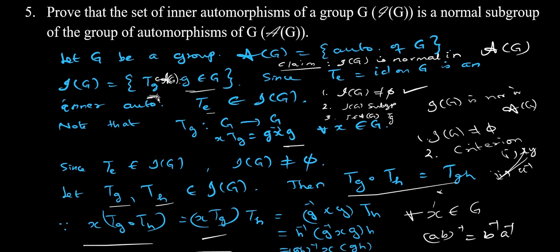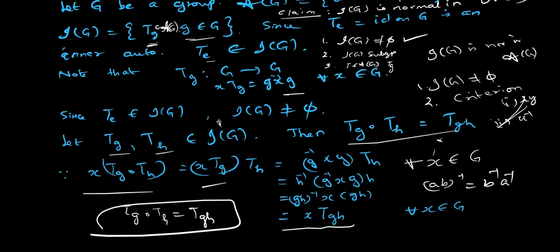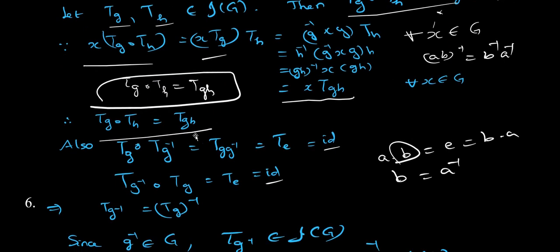We have the suffix to be a member of capital G. When you have g and h to be members of capital G, gh is also a member. And Tgh being a homomorphism, composition of homomorphisms is again a homomorphism, and one-to-one and onto will imply the composition is also one-to-one and onto.